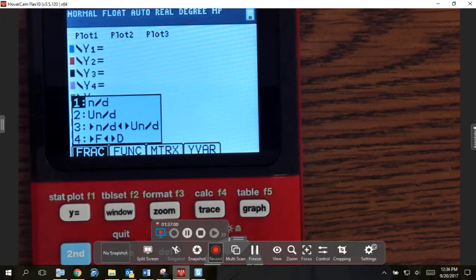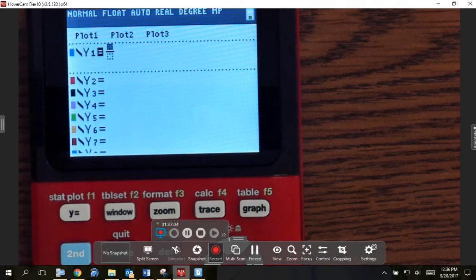If it popped up, hit enter, and you should see it is ready to plug in fractions. There's an alpha button, and then the y equals button. This also works in the calculation screen. If you ever want a fraction to type in, you do alpha y equals. We don't have it. Oh.